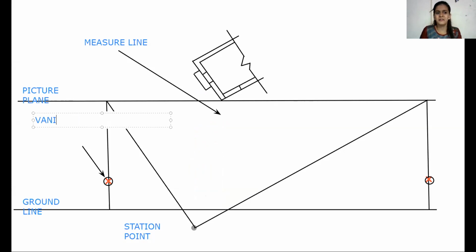I'm going to move the vanishing points because there are so many congested lines, as you have seen in my paperwork.